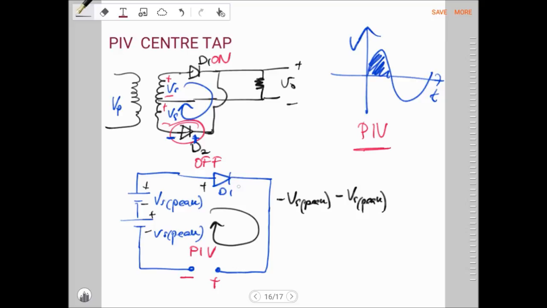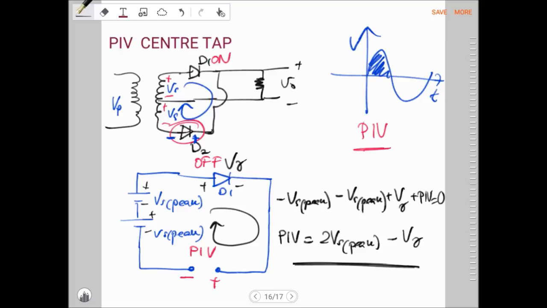Then don't forget you have minus V gamma over here, then plus V gamma, and then plus PIV equals 0. If you rearrange that, you get PIV equals 2 VS peak minus V gamma. So that's the value for the peak inverse voltage for a Centre Tap transformer.